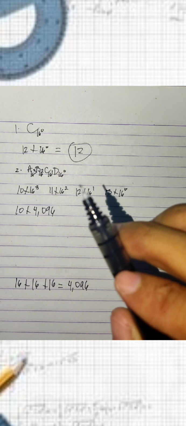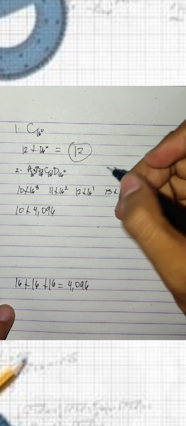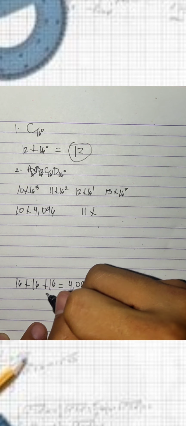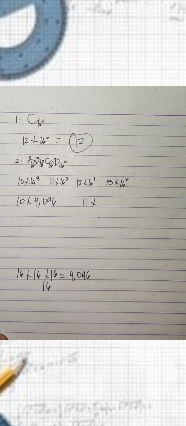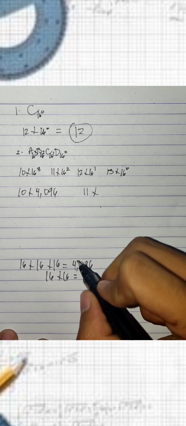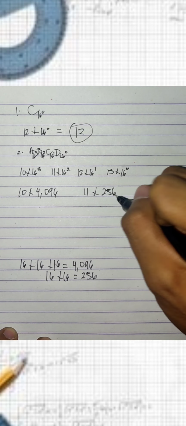So, yung 11 natin, 11 times 16 times 16 is equals to 256. Lagyan natin 256.